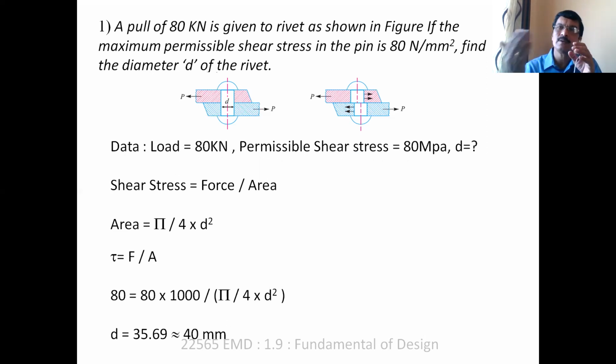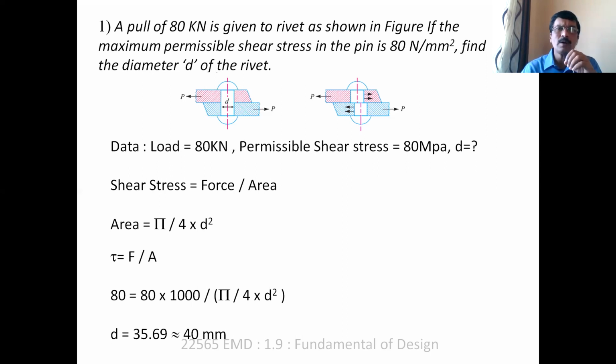We must consider a rounded-off value, so let us consider 40 mm as the diameter of the rivet. In this problem, the diameter D we have found comes out safe as 40 mm. Okay.